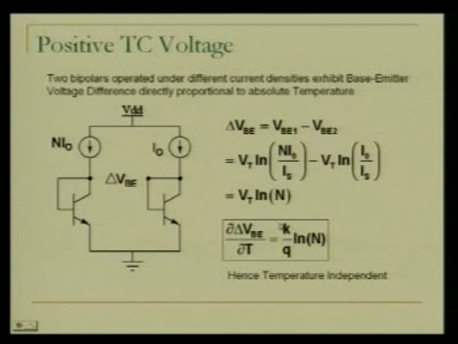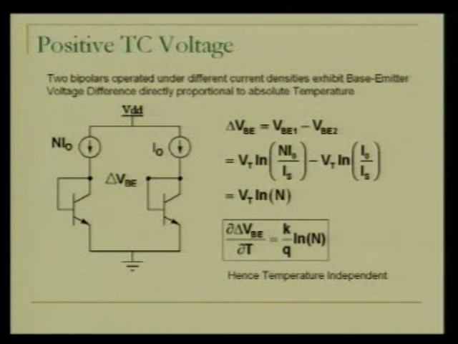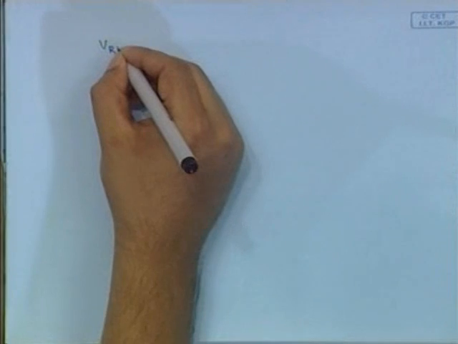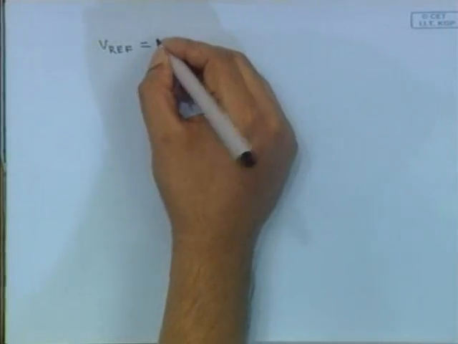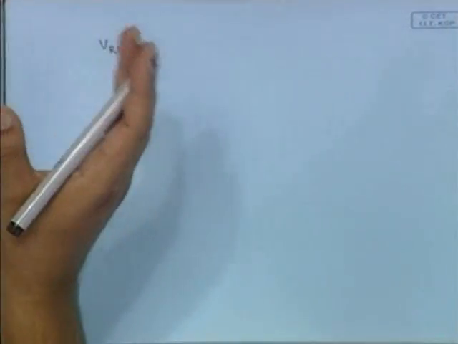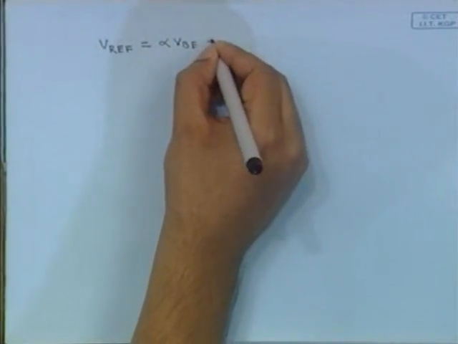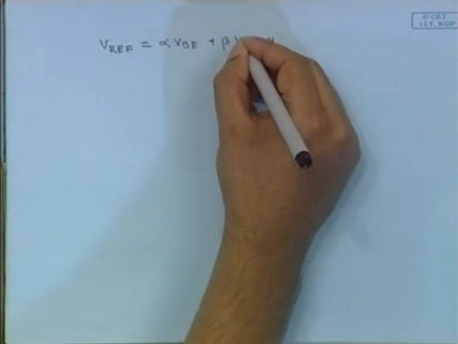This term you can consider a positive TC voltage, positive temperature coefficient voltage. So you can use both the negative TC voltage and the positive TC voltage to form a temperature independent voltage. Suppose you design a reference voltage Vref as alpha of VBE plus beta of Vt ln n.